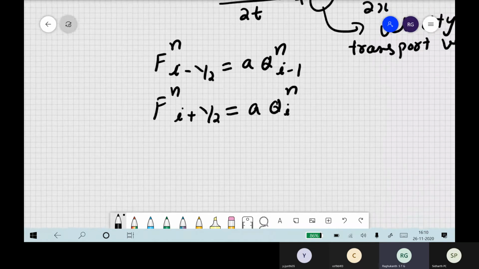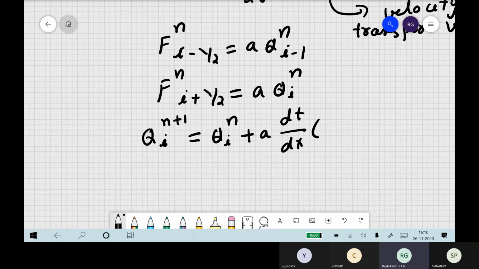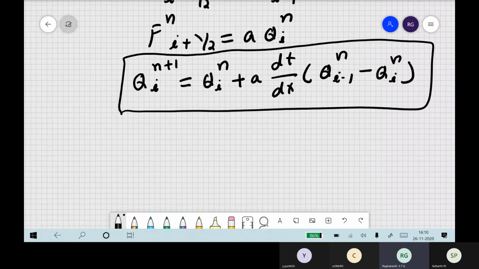Now you substitute f n of I minus half and f of I plus half in this expression. So finally you can write this as q I n plus 1 equals q I of n plus a dt by dx times q I minus 1 n minus q I n actually. So you get a nice expression for q itself.